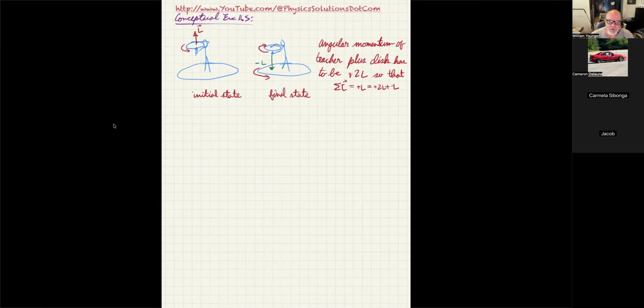If the object is actually going in a circle, though, then the velocity and the radius vector, the lever arm, or the r from zero to the particle, are perpendicular to each other, and we know that the magnitude of a cross product is m times r times v times the sine of the angle between mv and r. But in this case, the angle is 90 degrees, so it's m times v times r times the sine of 90, which is just mvr. So that gives us the angular momentum.